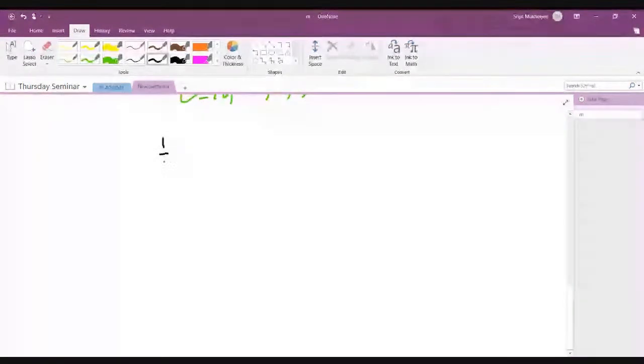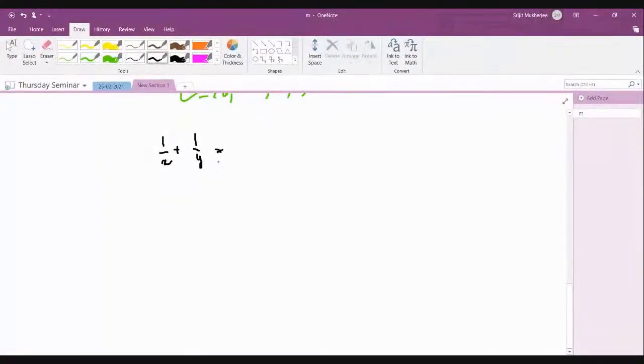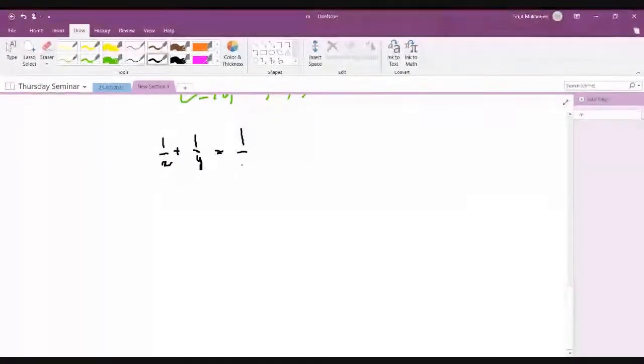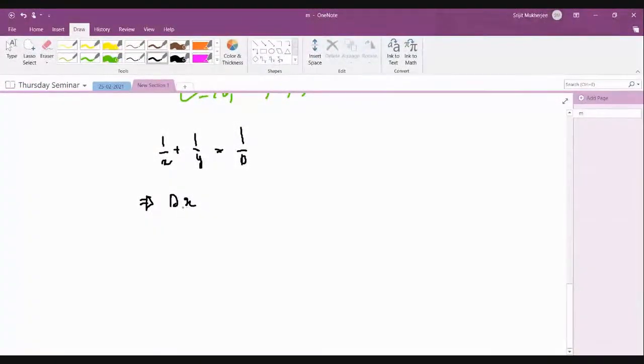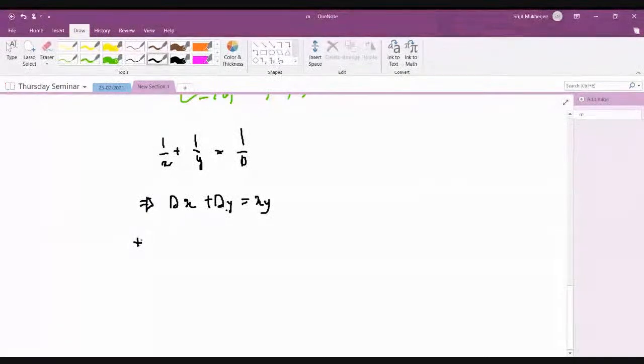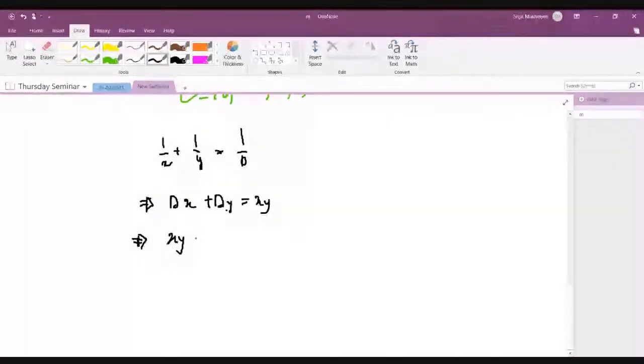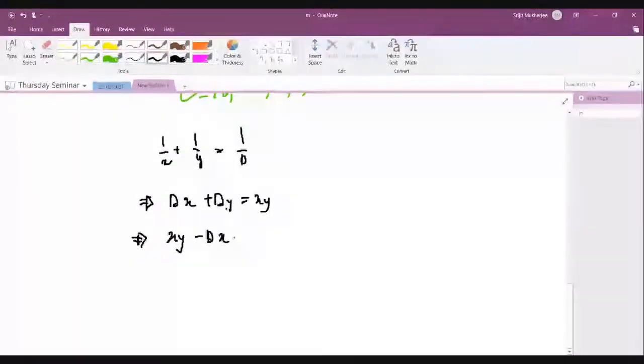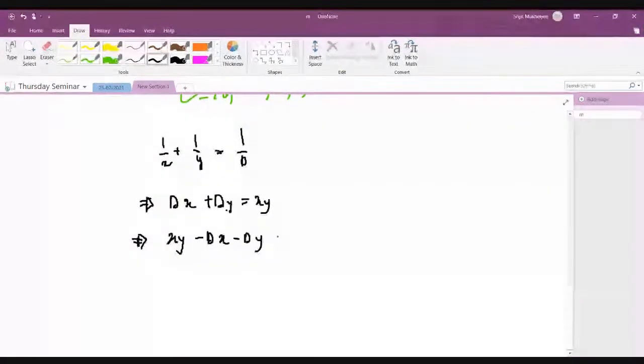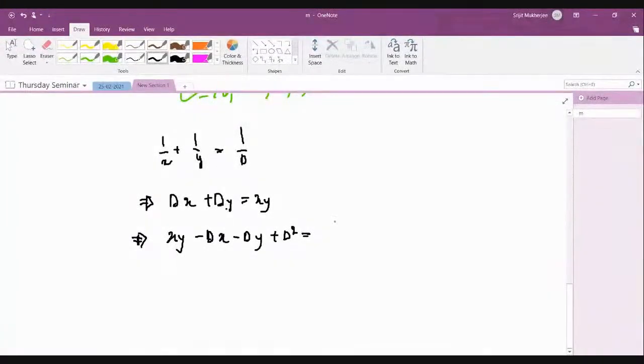So we get 1/x + 1/y is equal to 1/d. And from there we get dx plus dy is equal to xy. Then we add d squared on both sides: xy minus dx minus dy plus d squared is equal to d squared.